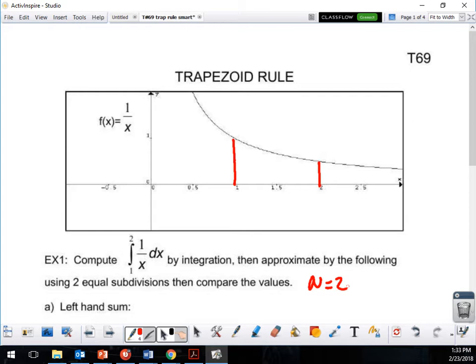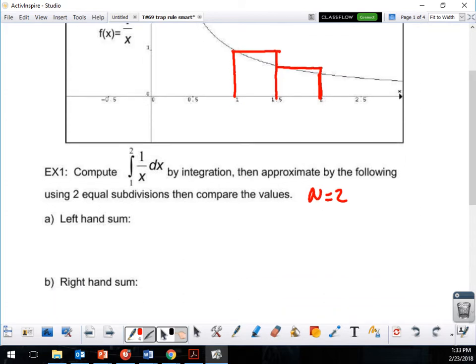Okay? So I'm going to do the left hand right here in red. There's my left hand. My interval for this one is going to be my 1/2 out front times my left hand, so f of 1 plus f of 3/2, or the 1.5, which is on there.